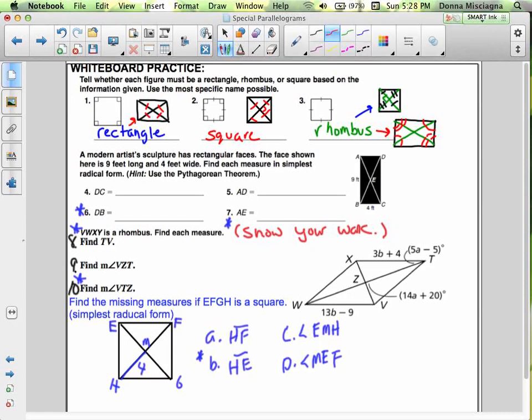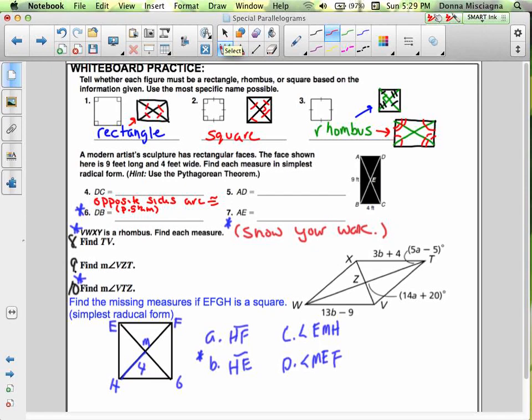Oh, what a good review of Pythagorean theorem, something that you will need. All right, so DC, remember something that's true about rectangles is it's a type of parallelogram, so opposite sides are congruent. Right, and that's because it's a parallelogram. I'm going to abbreviate parallelogram because I don't have too much space.